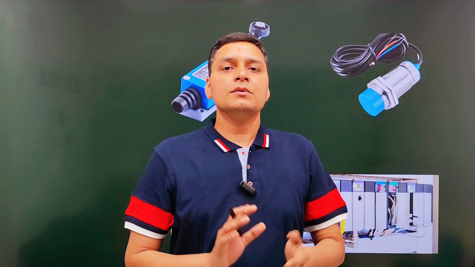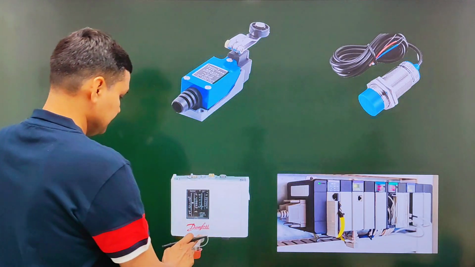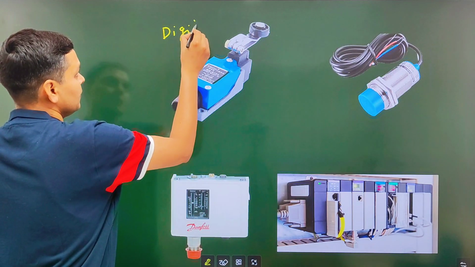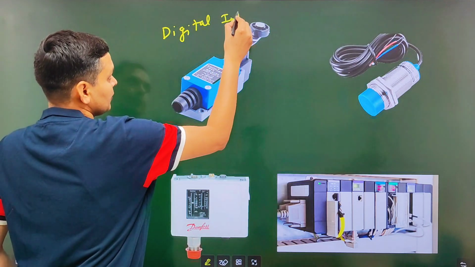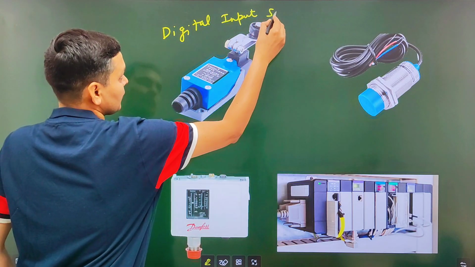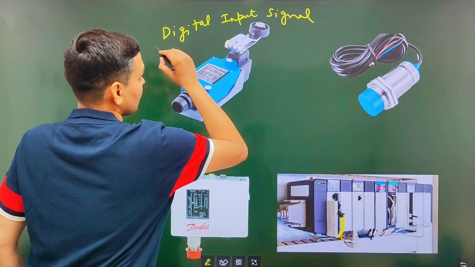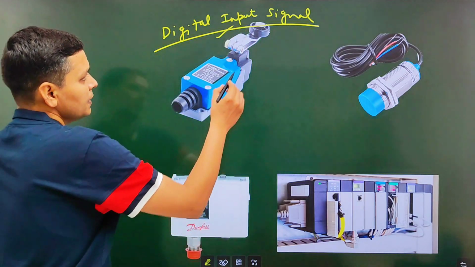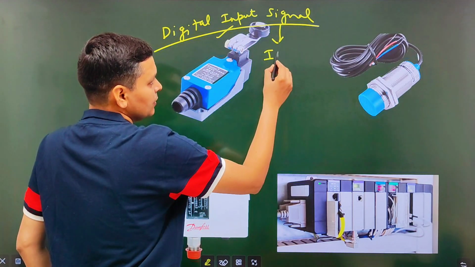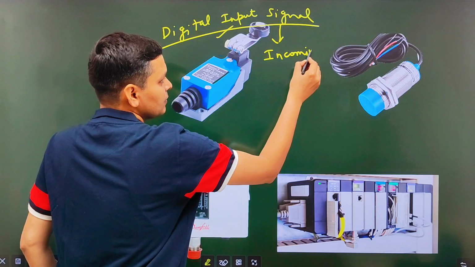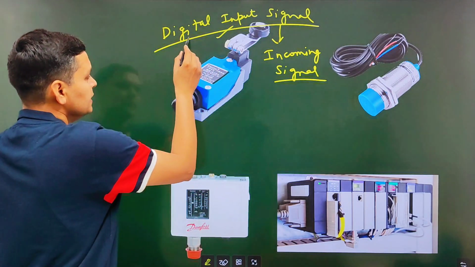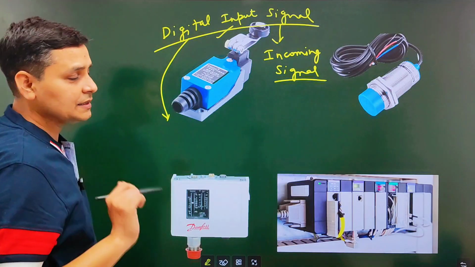Now the second input signal type is the digital input signal. Because this is an input signal, it is also an incoming signal, but this time it is of digital type.